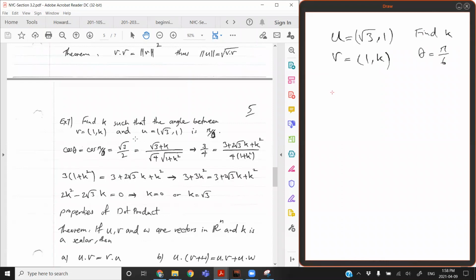We know that cosine of pi over 6 is root 3 over 2. And we also know that cosine of that angle theta is u dot v over norm of u times norm of v. And we want that to be cosine of pi over 6.